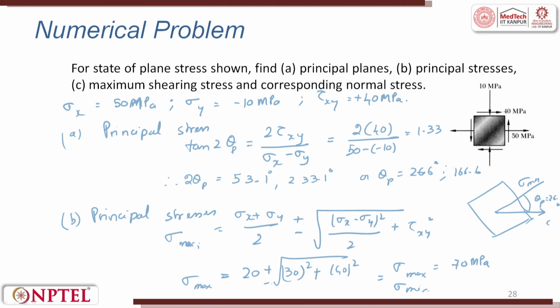So, this is max and min. Sigma min is going to be minus 30 MPa.